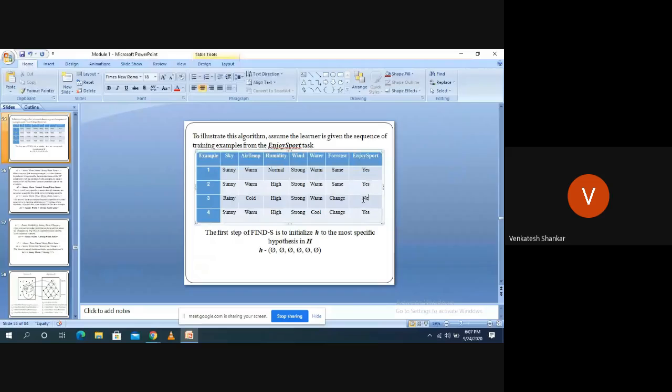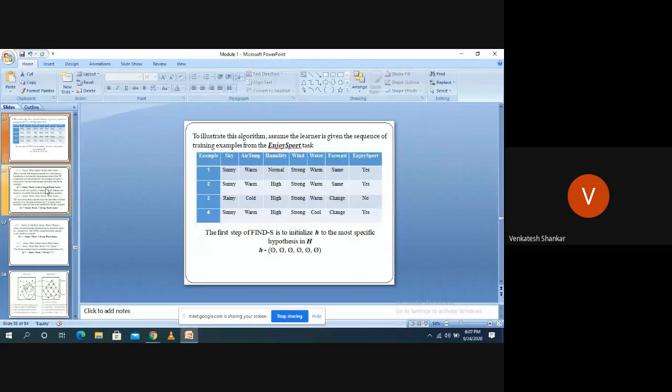In the fourth instance, yes is there, it is positive, so we can apply it. In this table we are considering four instances, and out of four we can apply the FindS algorithm only for three instances. Understood? This is the concept of the FindS algorithm.